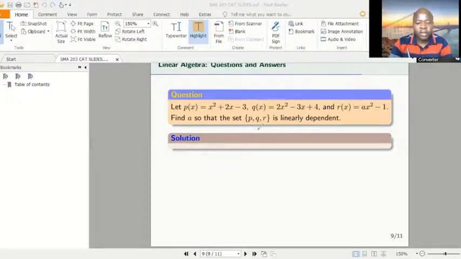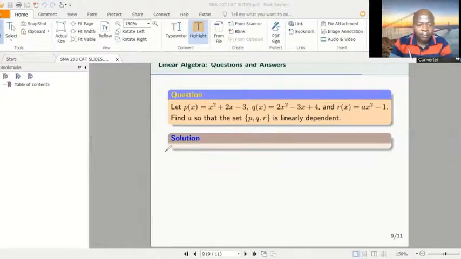So the definition still remains that for P, Q, and R to be linearly dependent, we must obtain scalars, let me say scalars w, n, m, such that one scalar times this P plus another scalar times this Q plus another scalar times this R will give us 0.